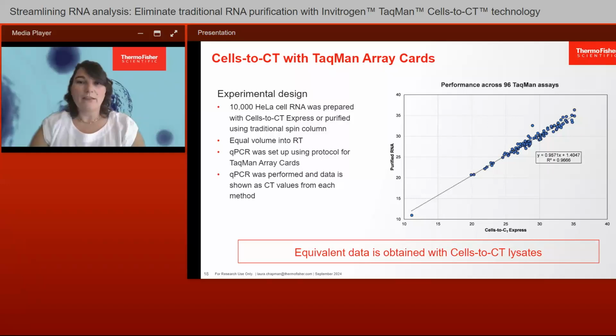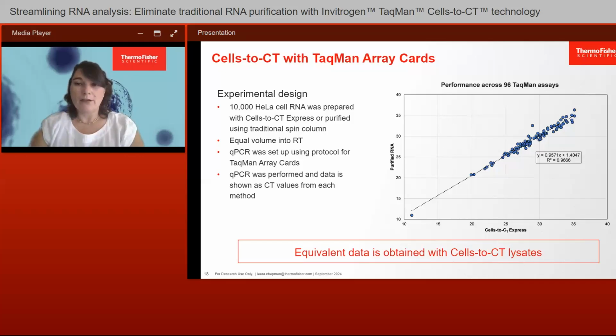We put equal volume into the RT, and the qPCR was done using the TaqMan array cards. If you're not familiar, those are microfluidic cards that let you process many different assays with one sample. We're able to process 96 different TaqMan assays with the one card, and compare cells-to-Ct Express and the purified RNA.